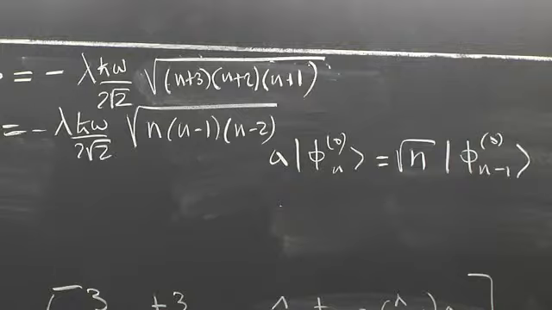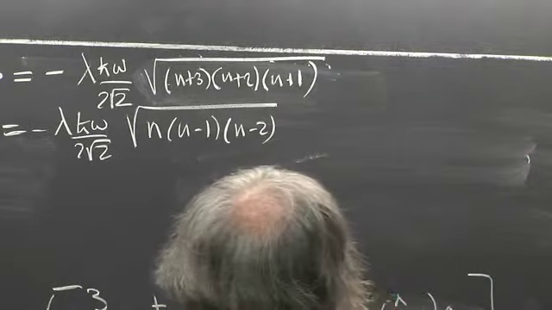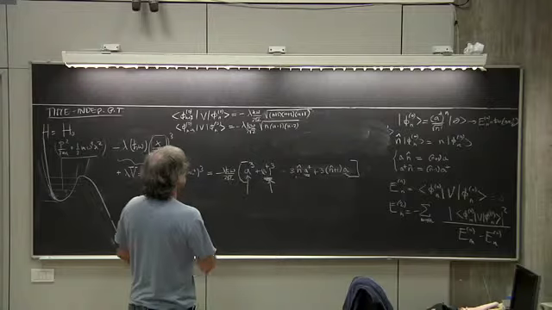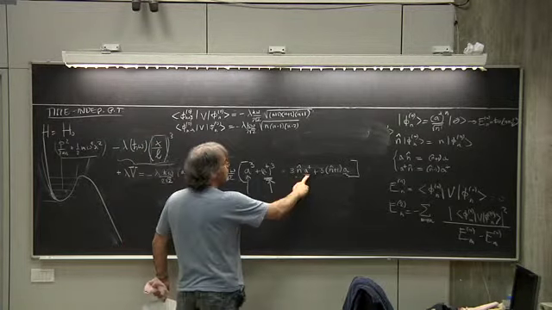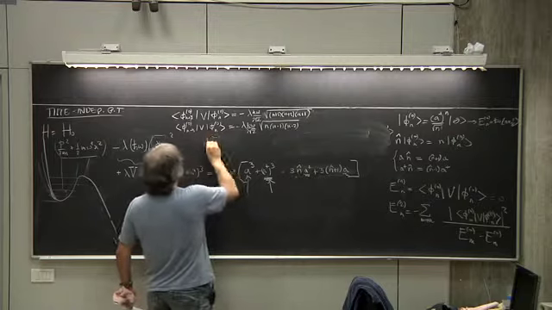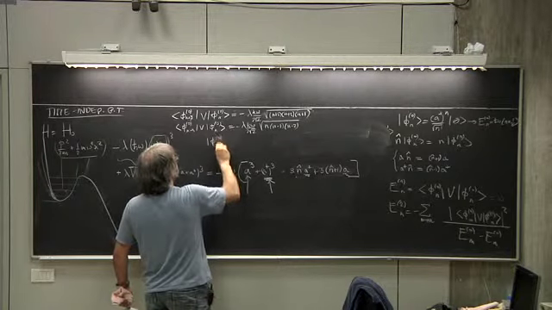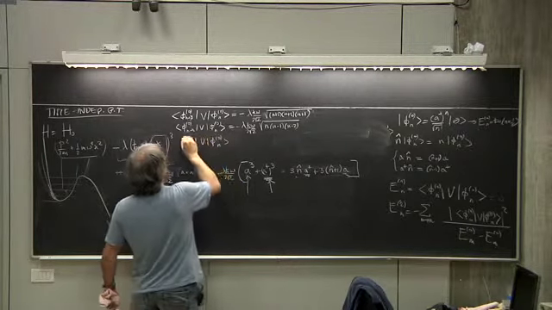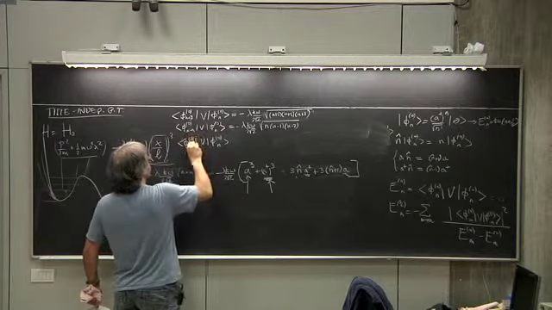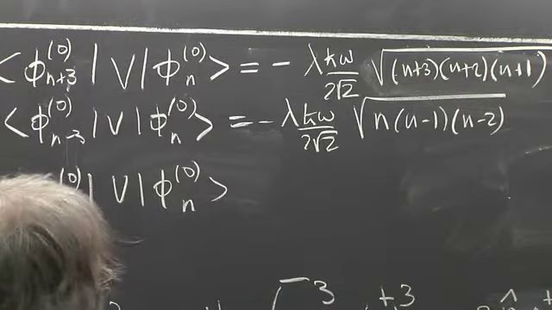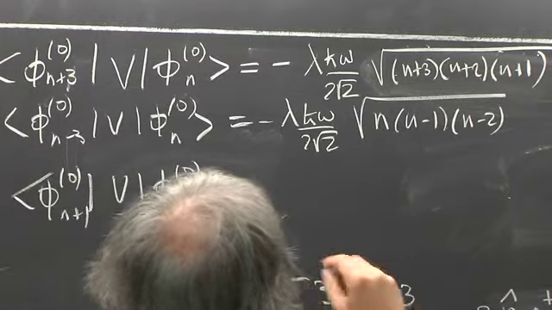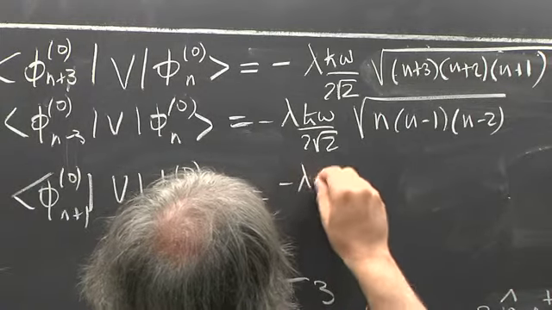This is fine. Now, let us do this two. I create one and then I measure. So I will get a matrix element between phi 0 n and phi 0 n plus 1. Now, by creating one, the matrix element here is the same.